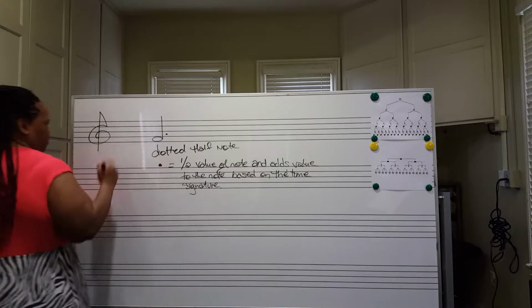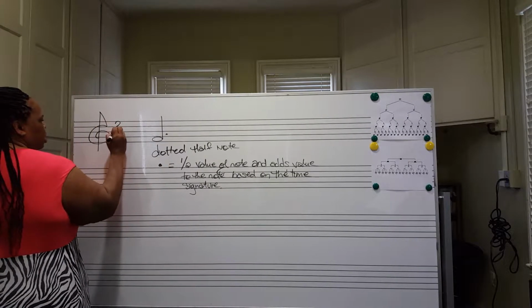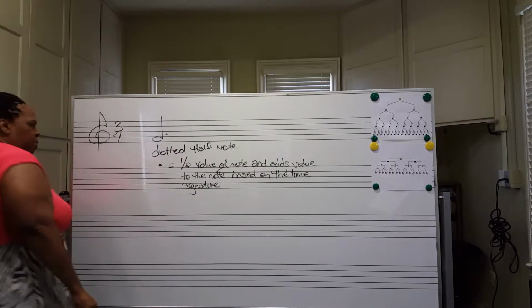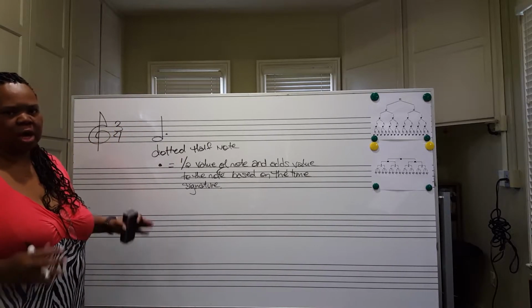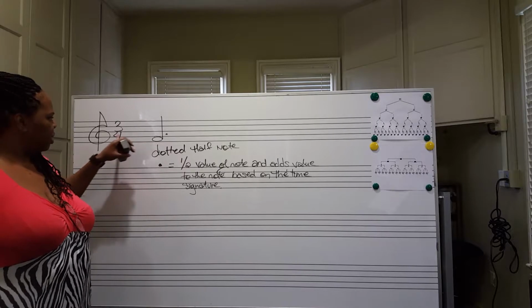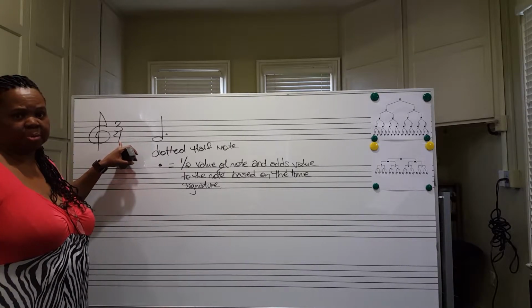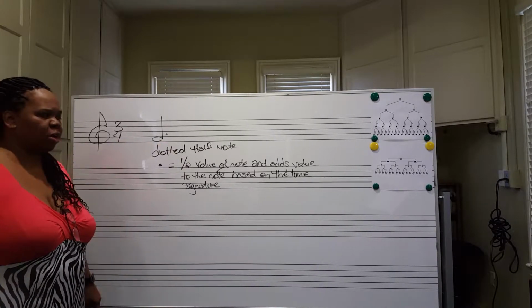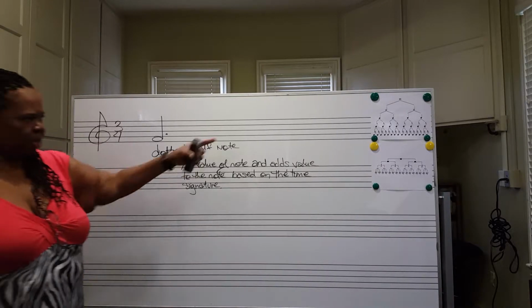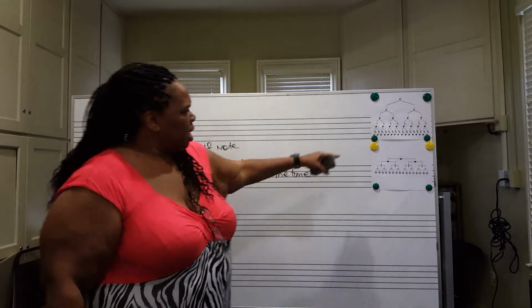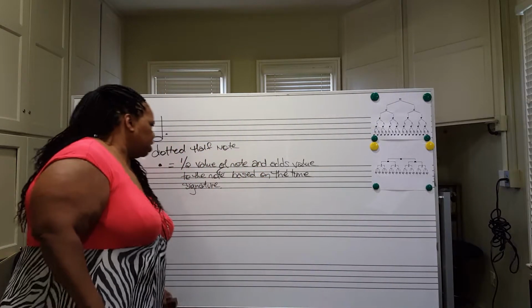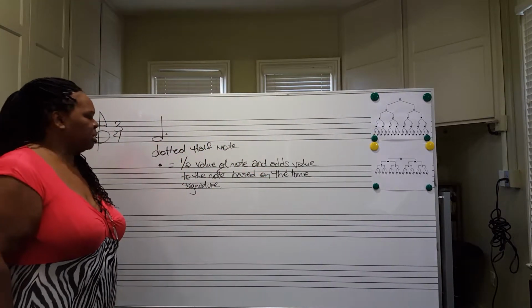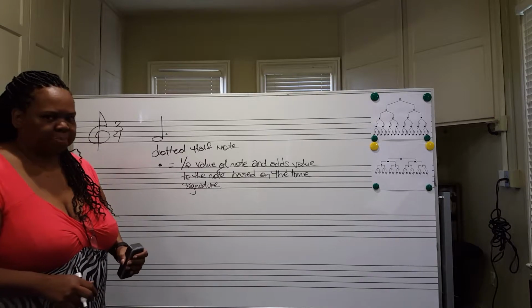So I'm going to put down 3/4 time, 3 beats in the measure, and the quarter note gets the beat. So if the quarter note is getting the beat, we know that the half note is going to double, as always. No matter how it happens, if the quarter note is getting the beat, the half note therefore is double that. So we know that the half note is now 2 beats.